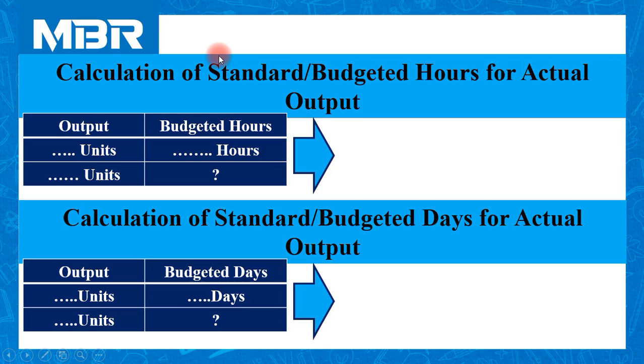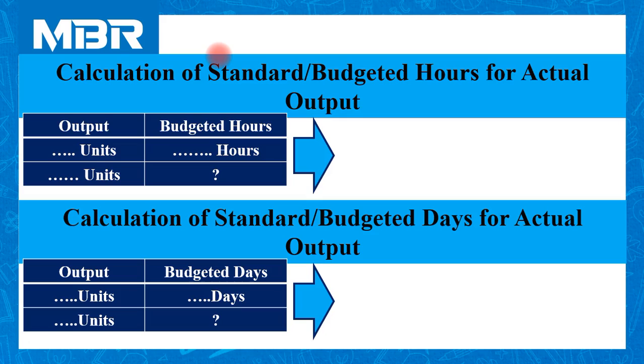So before starting the calculation of variances related to fixed overheads, we need to calculate 5 primary items. First, the budgeted rate or recovery rate based on output, based on hours, and based on days.